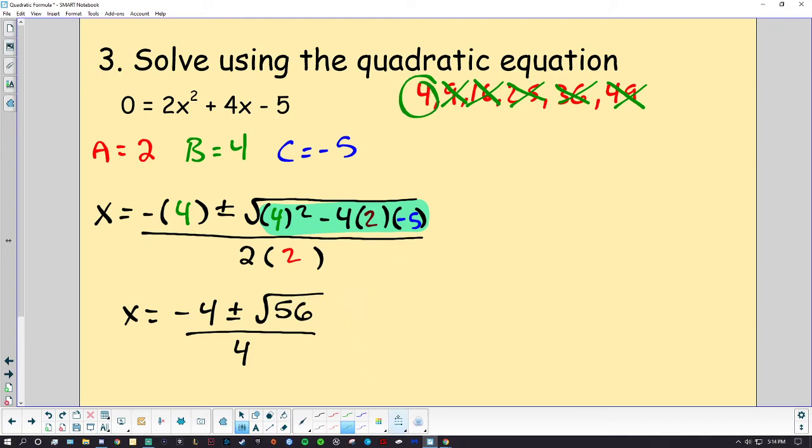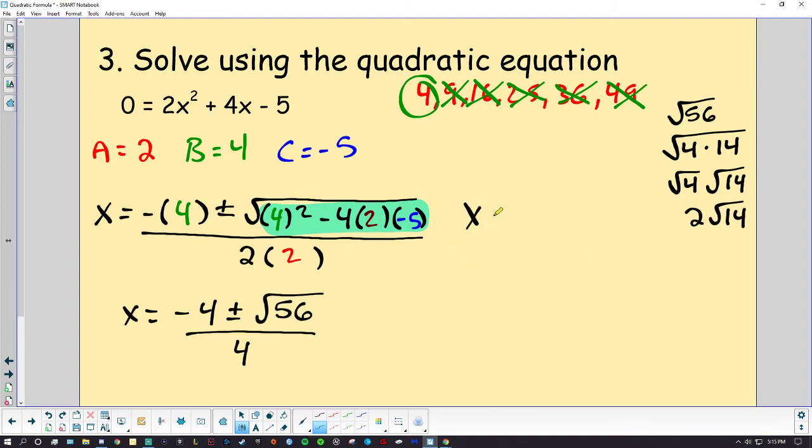When we divide 56 by 4, I get 14, so let's simplify. Simplify to 4 times 14. Break it into 2 square roots. We know the square root of 4 is 2, so we have 2 square root 14. Okay, so let's rewrite, but instead of the square root of 56, let's do 2 square root 14.